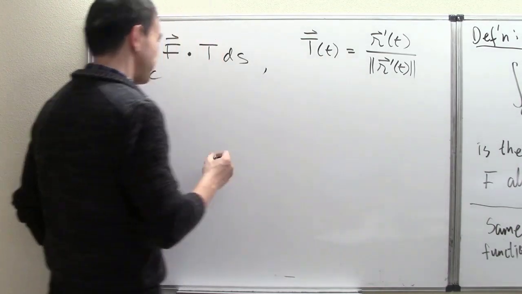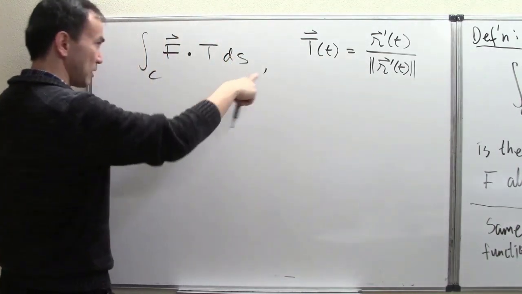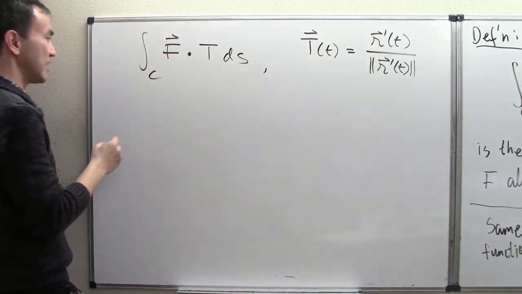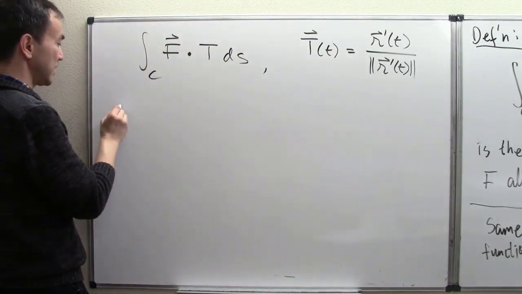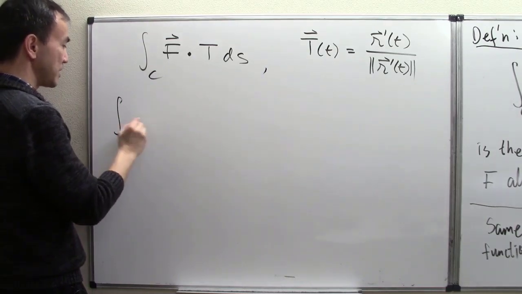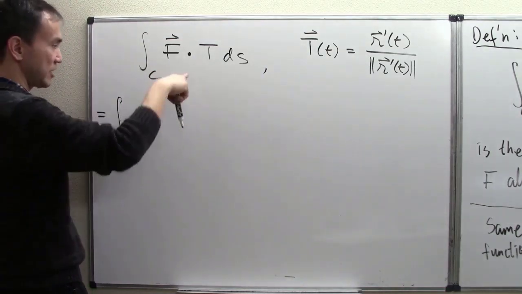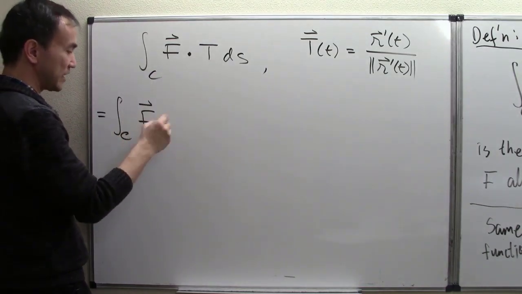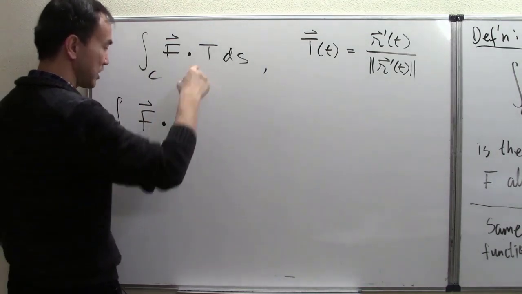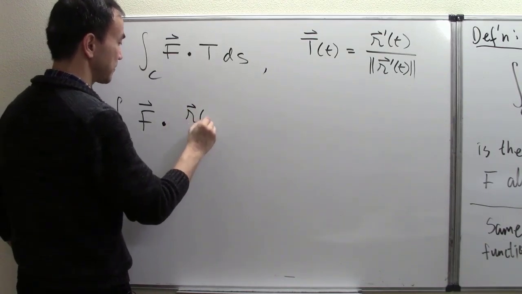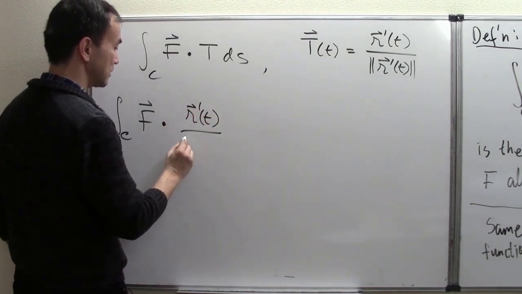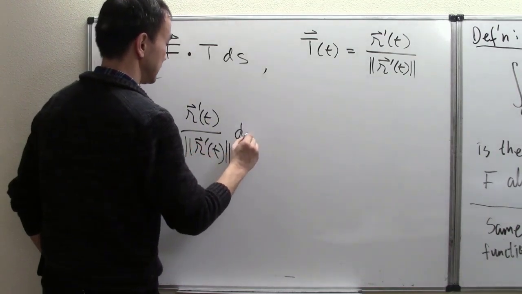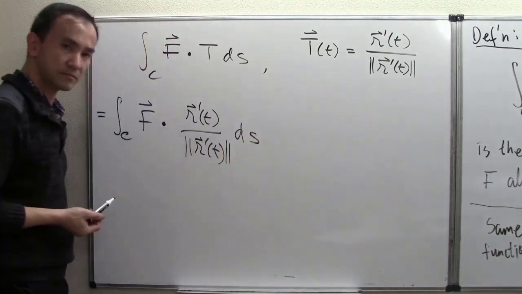So from that, we're going to substitute this expression for the unit tangent vector in our formula. The integral becomes the vector field F dot product with, now T is R prime of t over the magnitude of R prime of t, ds.